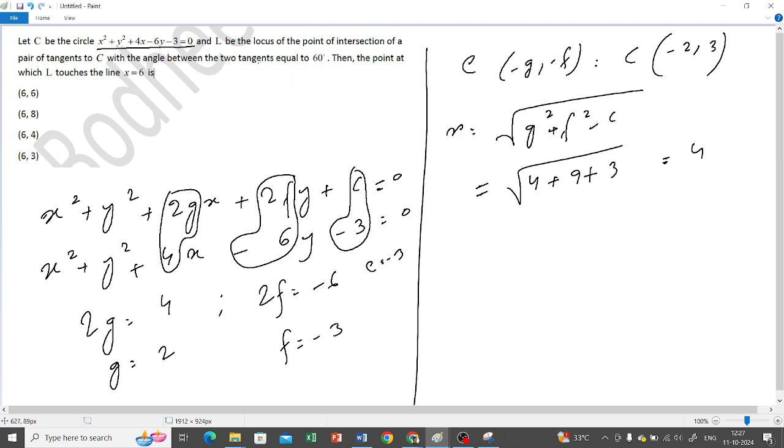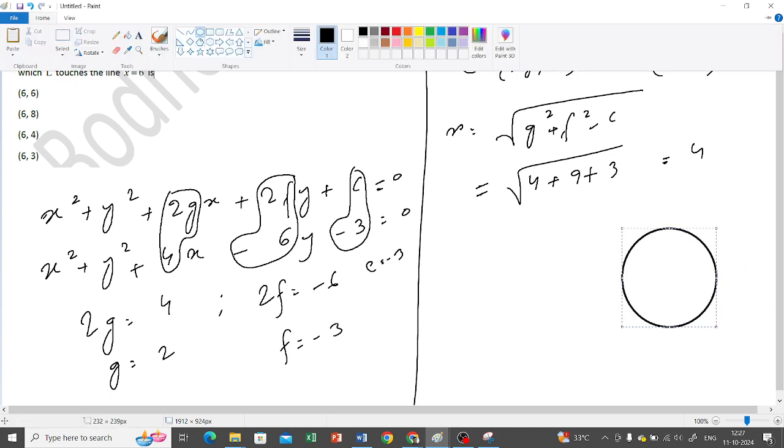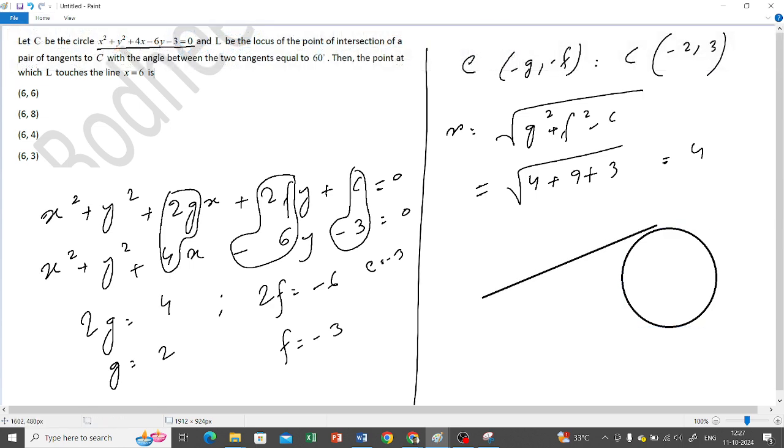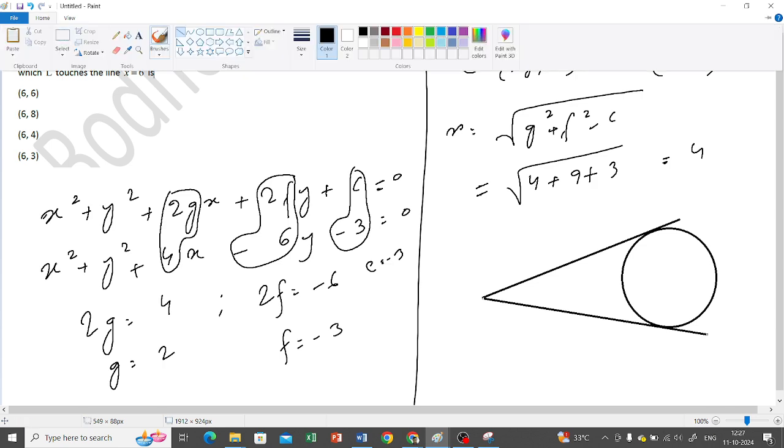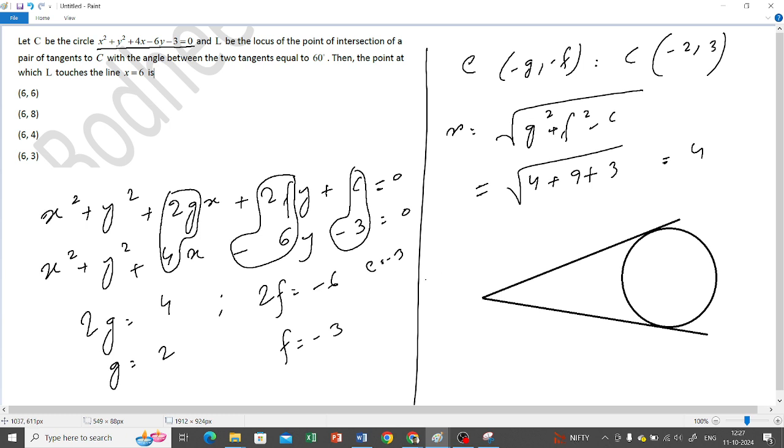Right? Now it is given, let L be the locus of the point of intersection of a pair of tangents to circle C. Okay, this is the point P. Now this is the center of the circle, which is minus 2 comma 3, and this is the radius, which is 4.